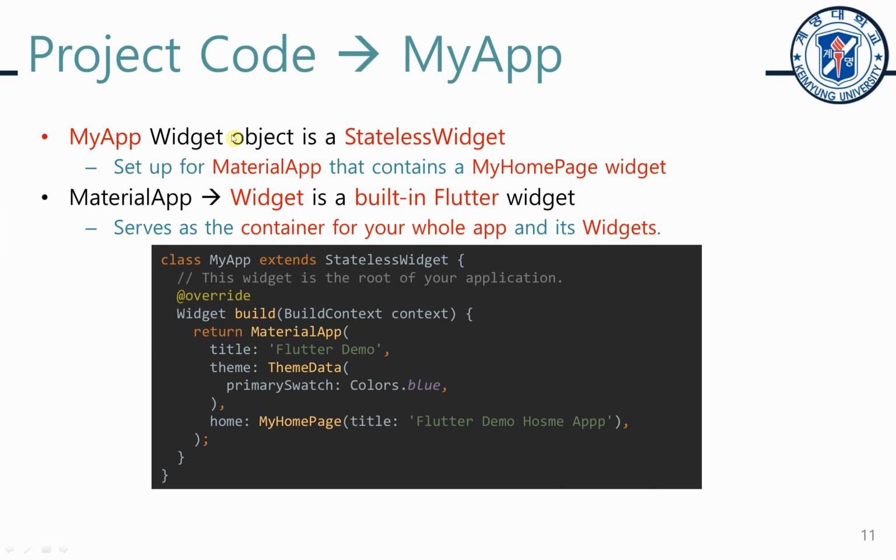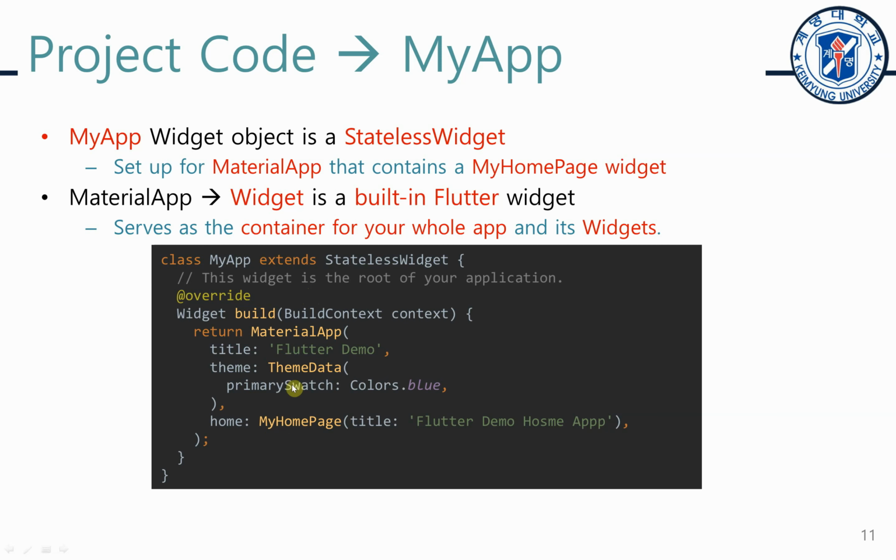Okay, and what is a material app? A material app is a widget built into Flutter, and it serves as a container for your whole app and its widgets. So this material app contains all of the widgets that you'll be creating. In this case, your hierarchy is my app, material app, and my homepage.